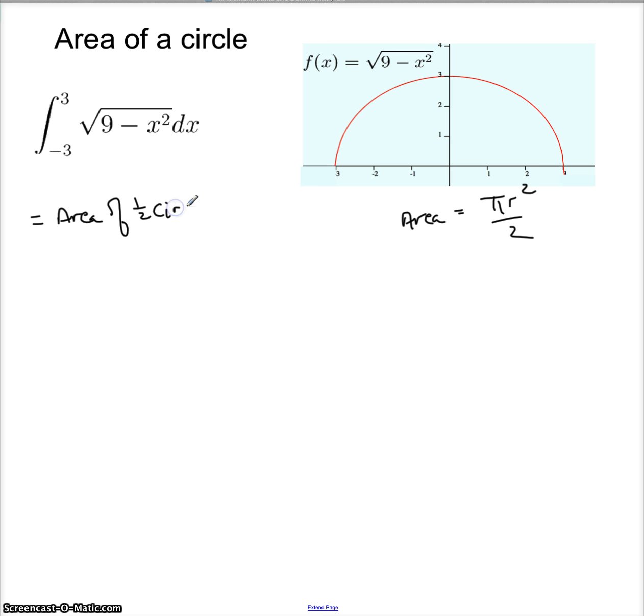Yes, I want you to write this. So it's 1/2 pi r squared, and in this case r is 3, so it's 1/2 pi times 3 squared. So this is 9 pi over 2. You can write this as 4.5 pi. You can give me a definite number, that's fine. This is perfectly okay with me.